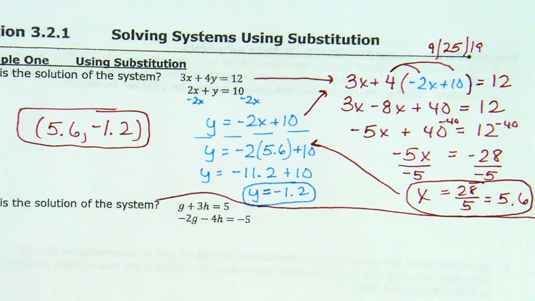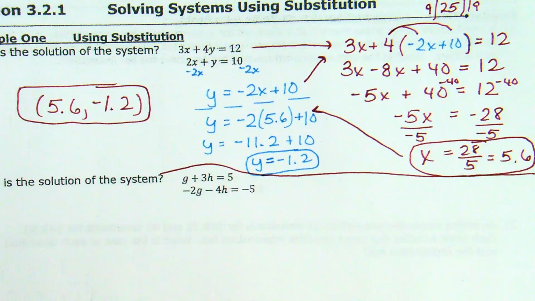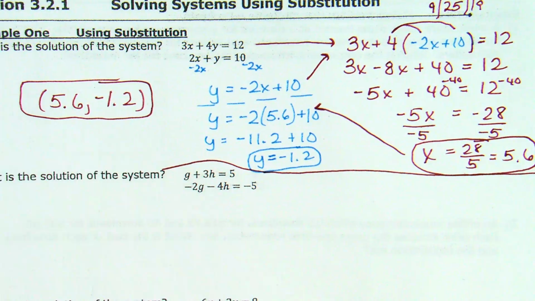You prefer to do elimination? I'll be honest, I prefer elimination if it's set up nicely for it. If it's set up for substitution, though, I'd rather do that. These are kind of tricky because they're more set up for elimination than substitution, but either or. Okay, let's do the second example.